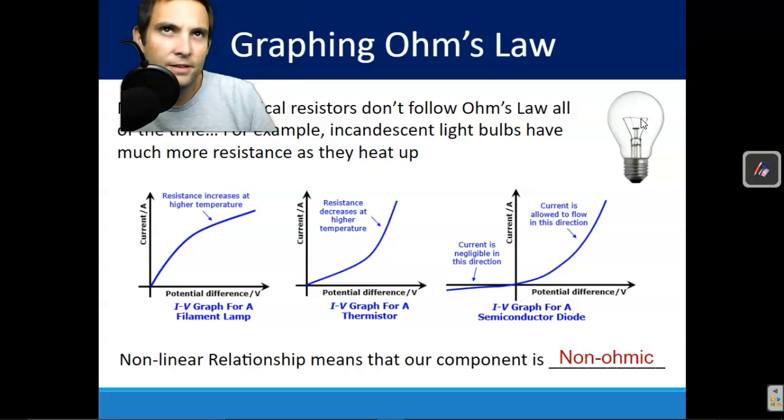The resistivity is so high that as the current pushes through, it's like a frictional situation where electric energy is transferred into heat energy.